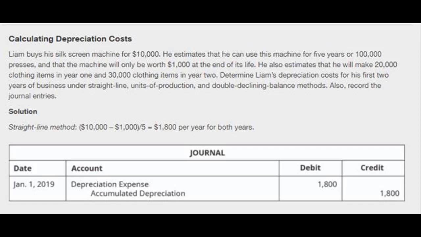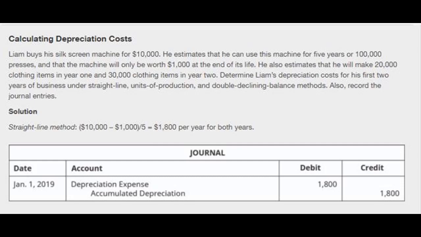What that means is the asset loses pretty much the same amount of value with every passing day or week or month or year. So in my example, if you buy an asset for $1,000 and it's expected to last 3 years, it will lose precisely $333.33 in value each year.